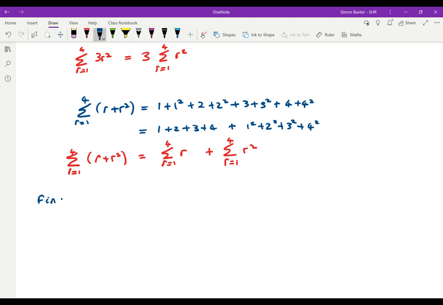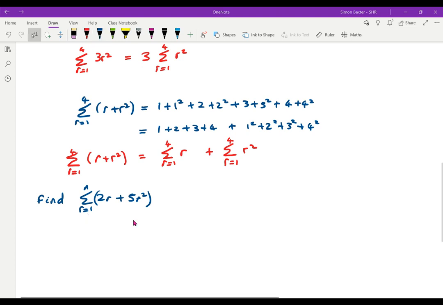Let's find sigma r equals 1 to n of 2r plus 5r squared. Well, the first thing we're going to do is use these two things in red just above to simplify that.